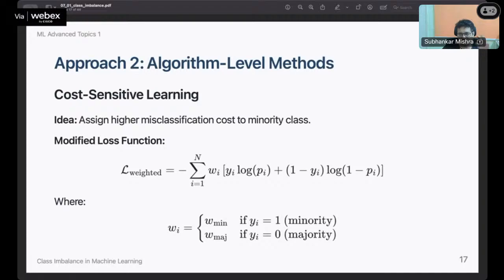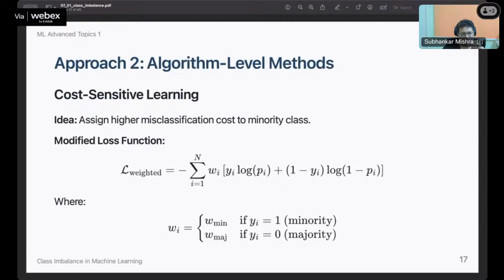We modify the loss function, not entirely, some part of it, so that instead of each sample contributing equally to the loss, minority samples now contribute more, right?